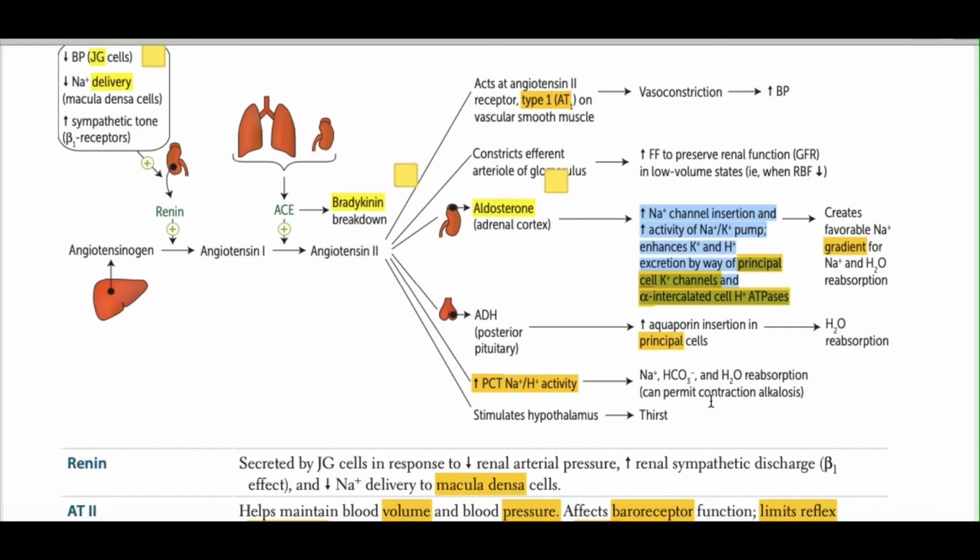So angiotensin 2 also stimulates the hypothalamus. So hypothalamus is our body control system, so that will stimulate the thirst mechanism. So when a person is thirsty, he will drink more water. That will also lead to increased blood pressure.